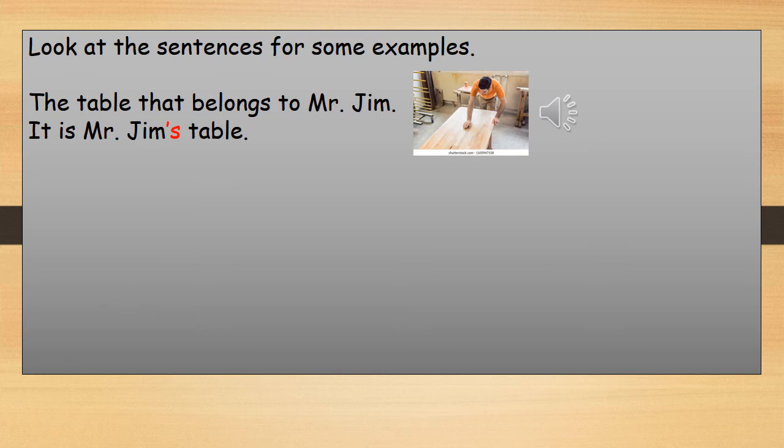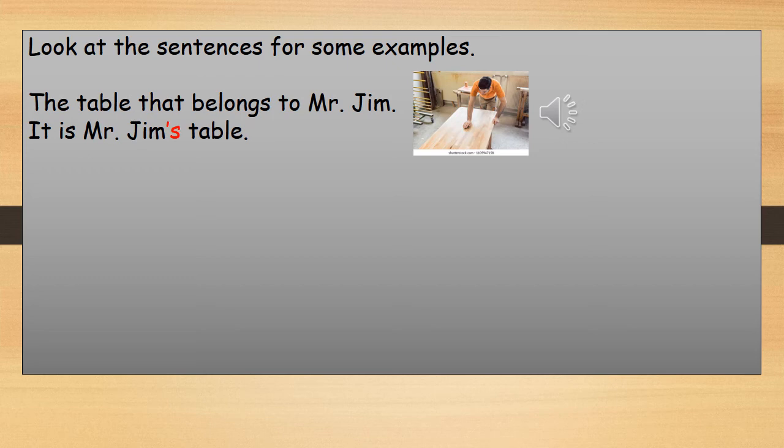So let's look at the sentences for some examples. The table that belongs to Mr. Jim. It is Mr. Jim's table. You see how we can make the sentence shorter and easier to read by using the apostrophe plus S? In the first sentence, the table that belongs to Mr. Jim.